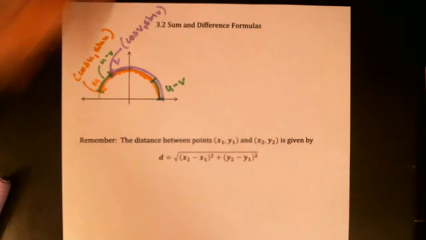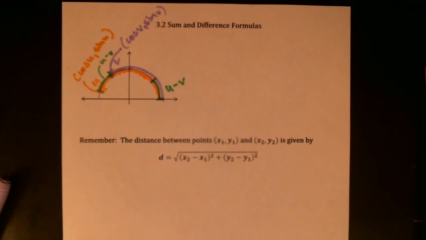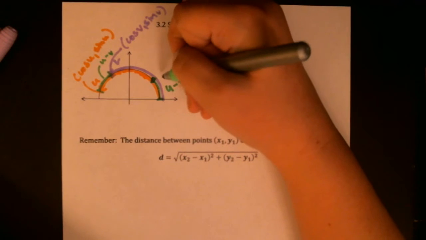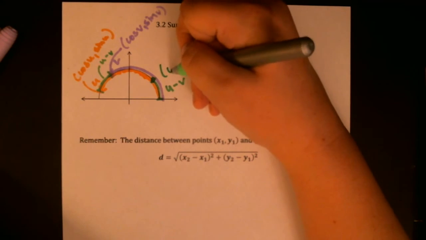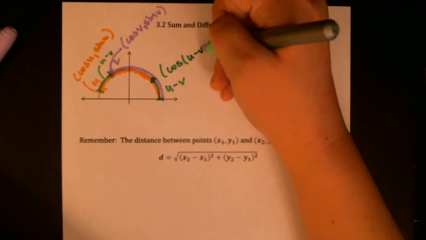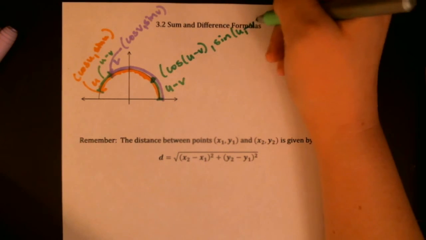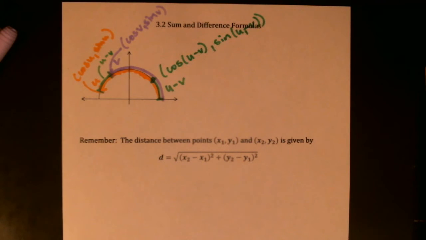And again, this is just the definition of sine and cosine. On the unit circle, they give us our x values and y values. And then there's a point at the end of u minus v, and that point is cosine of u minus v, sine of u minus v. There we go.